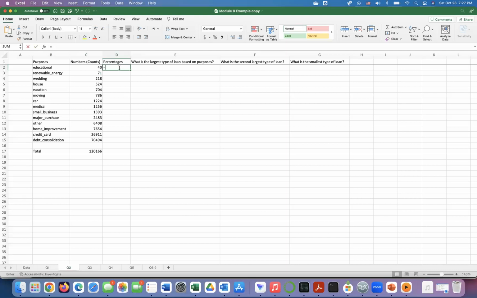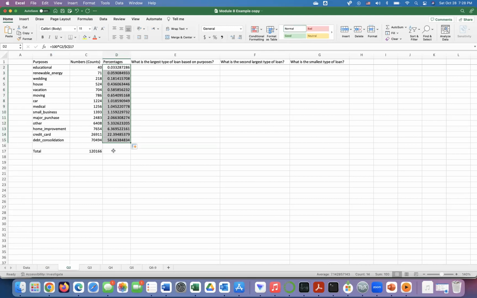The percentage is going to be equals 100 times this value divided by 120,166. Either I can type that number, or I can divide by this cell, but I have to fix the cell, so I'm going to say $C$17.